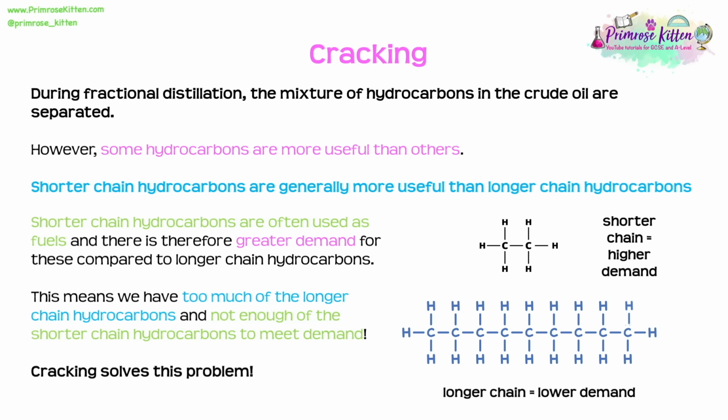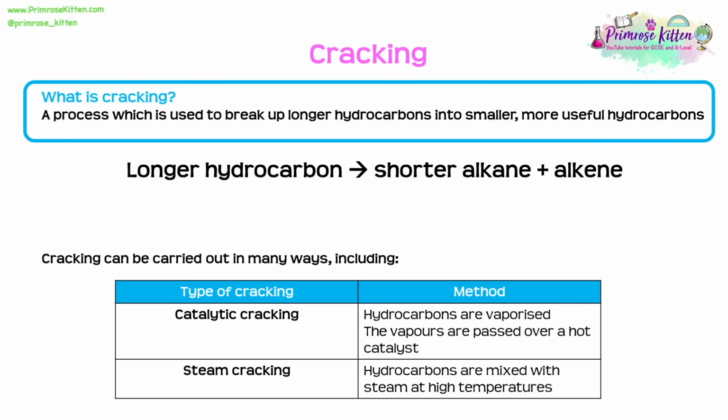This means that we end up having too much of the longer chain hydrocarbons and not enough of the shorter chain ones to meet demand. We can solve this problem using cracking. Cracking is a process which we use to break up longer hydrocarbons into smaller, more useful hydrocarbons.